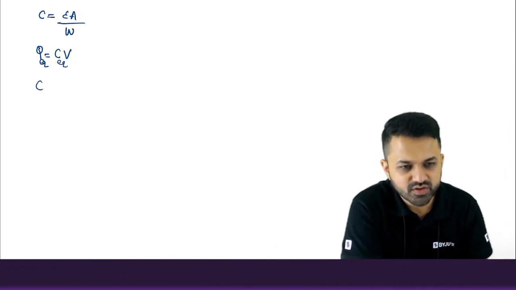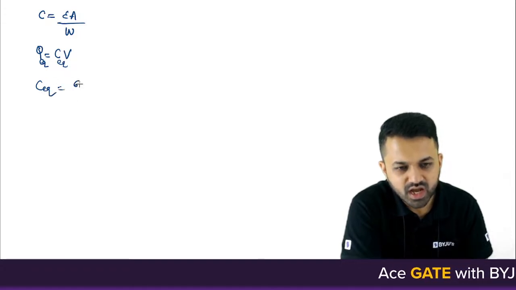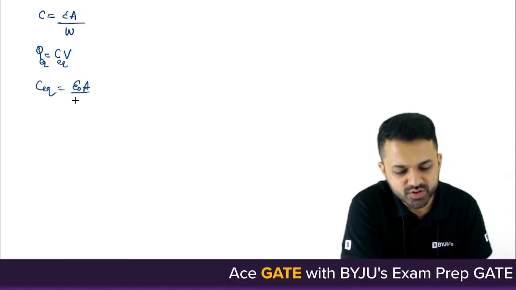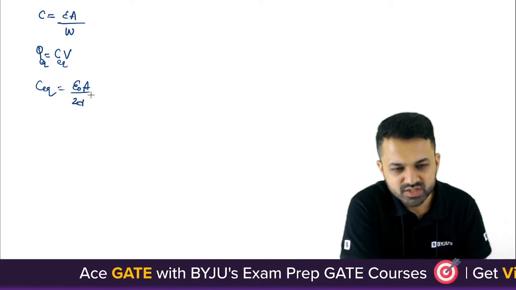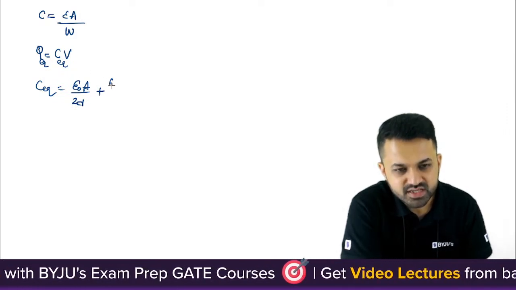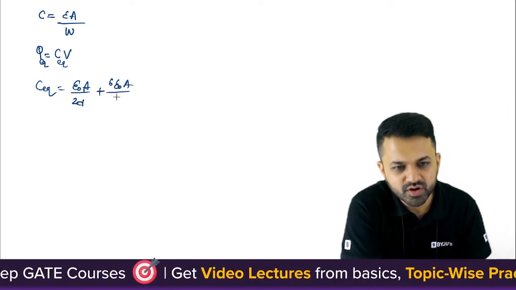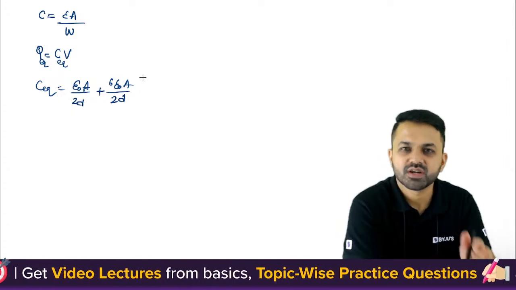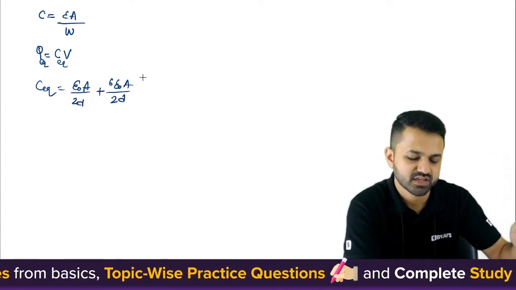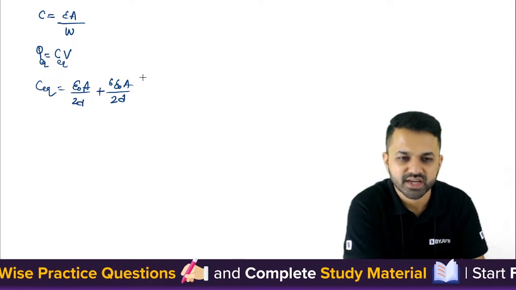Okay, so the equivalent capacitance will be epsilon naught A upon 2D, because the area becomes half, plus 6 epsilon naught A upon 2D. Okay, because in the half direction you are filling the dielectric.